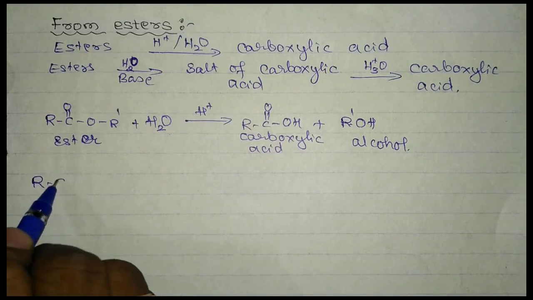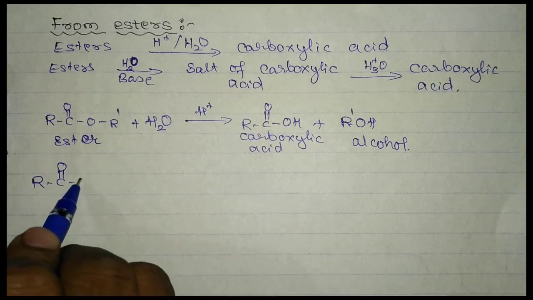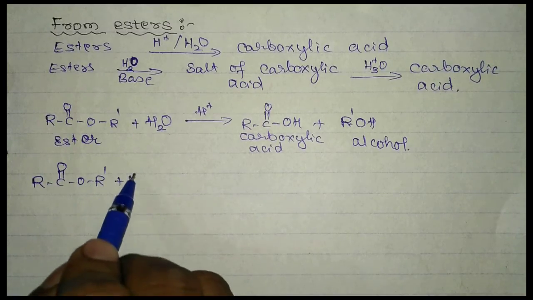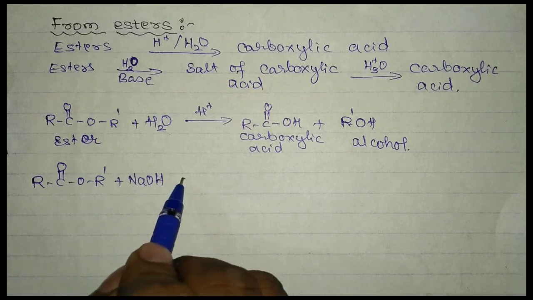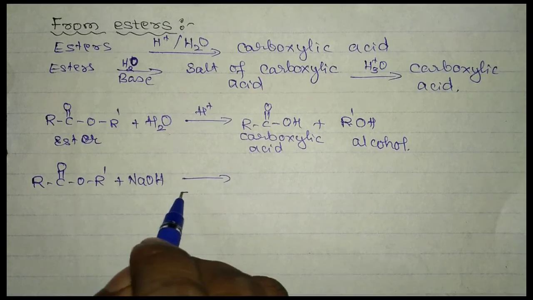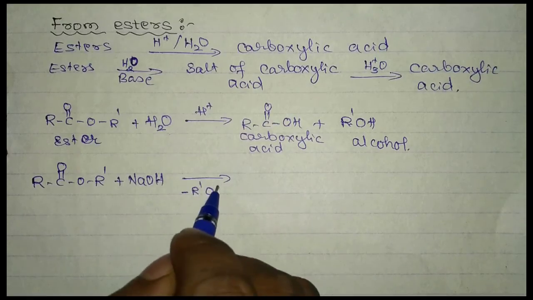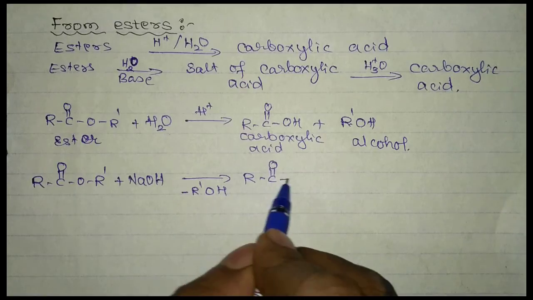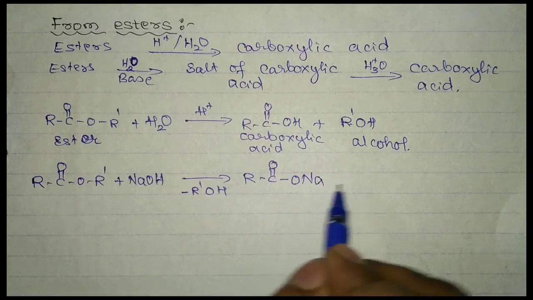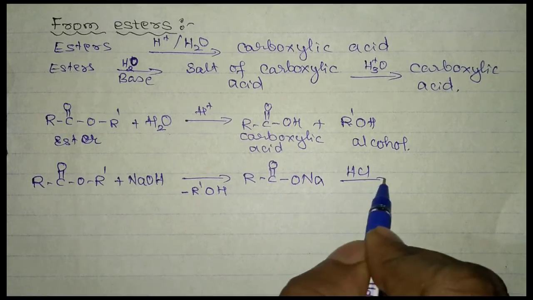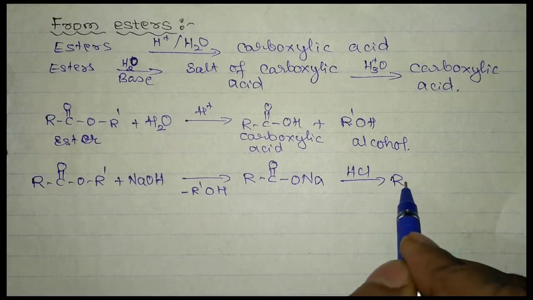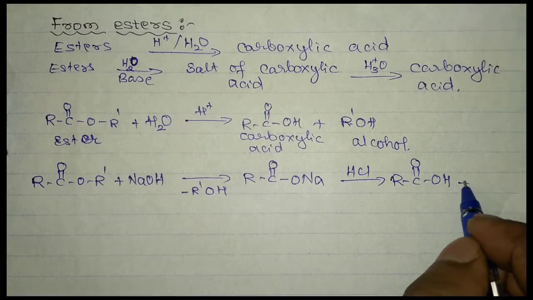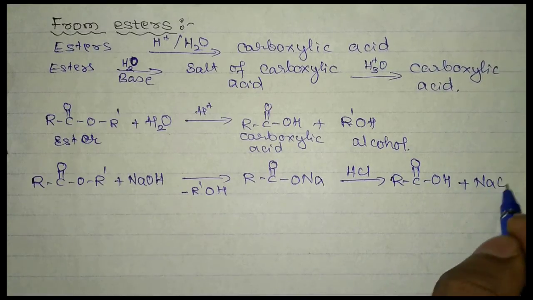Now the reaction, hydrolysis in the presence of base: RCOOR' plus sodium hydroxide, a molecule of alcohol is eliminated, and you get the salt of carboxylic acid, RCOONa, which on acidification gives RCOOH plus NaCl.